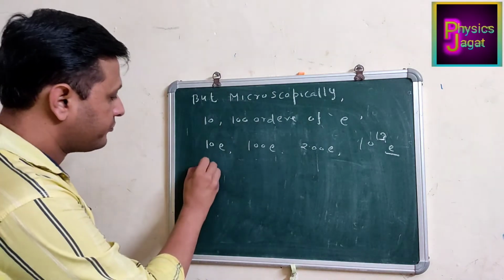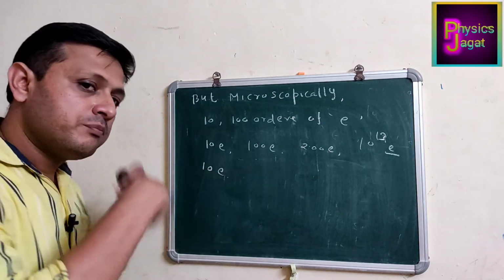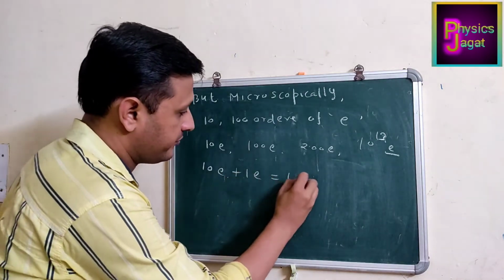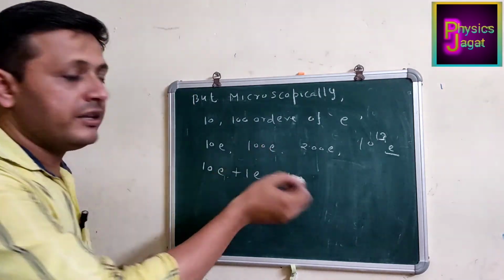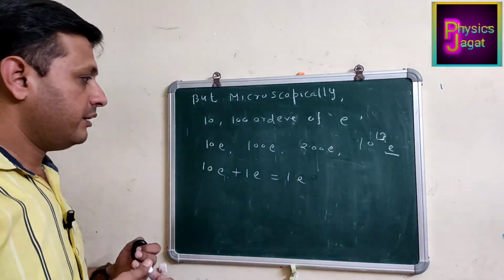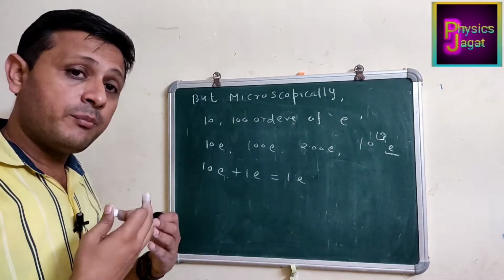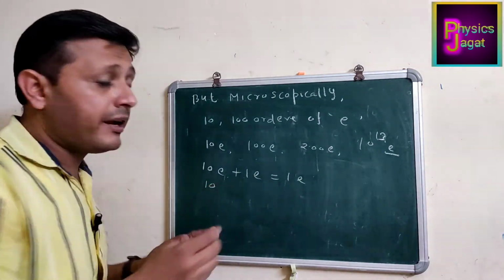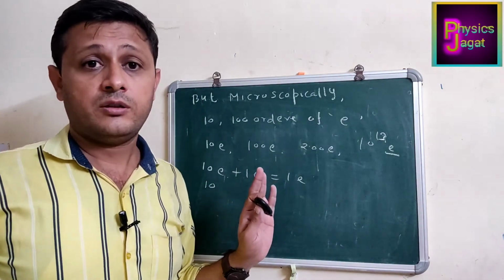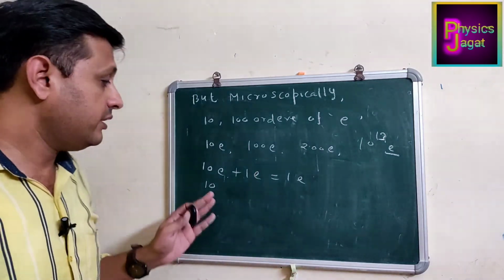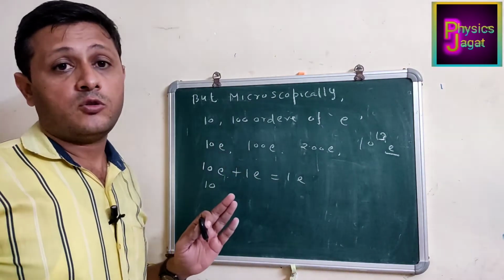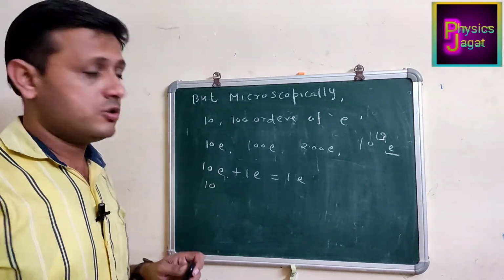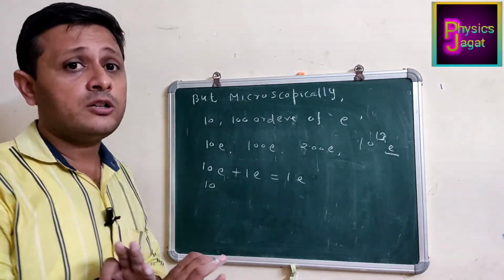Here, 10E plus 1E is 11E. Similarly, 100E plus 1E is 101E, or 100E minus 1E is 99E. So here I cannot ignore the step size of E.